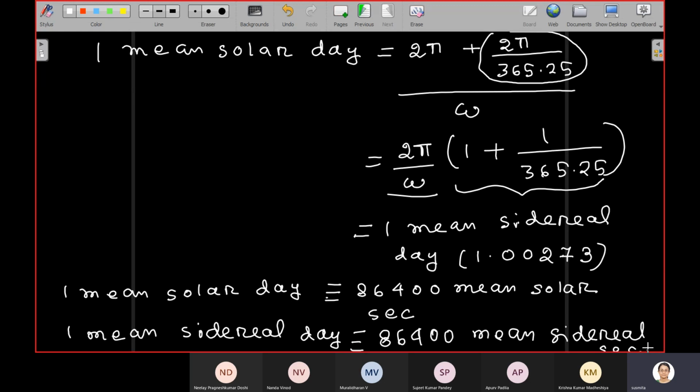Okay. Now, when we say mean sidereal day is 23 hours, 59 minutes, and 4.09 seconds long, we calculate everything in terms of solar hours, minutes, seconds. Okay. So let's convert this one to mean solar seconds.